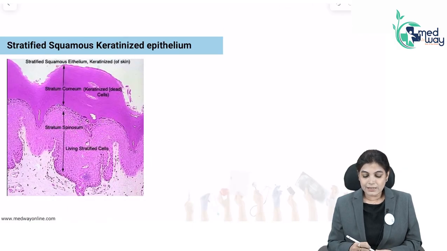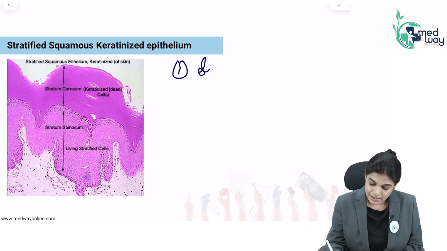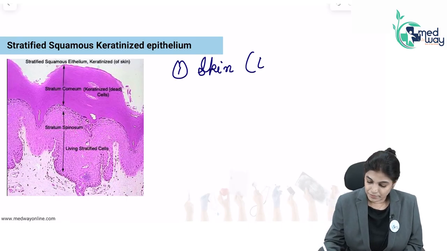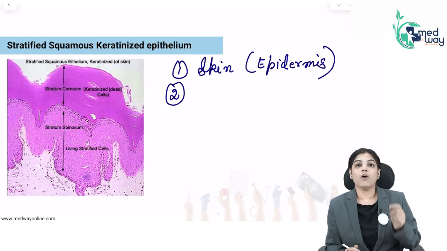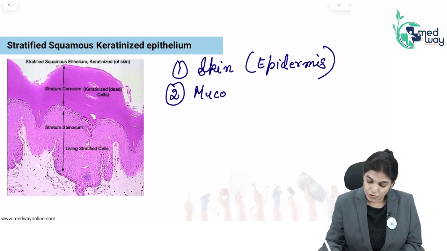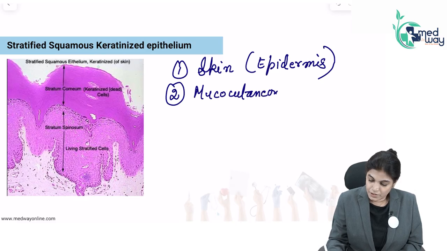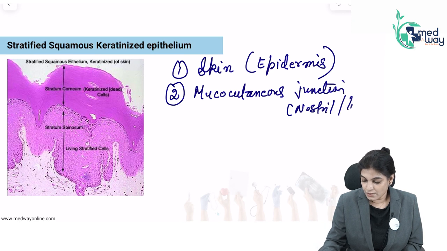Now other than that, for stratified squamous keratinized epithelium, the best example is the skin epidermis layer. The other example is the mucocutaneous junction in the case of the nostril and that of the lips.